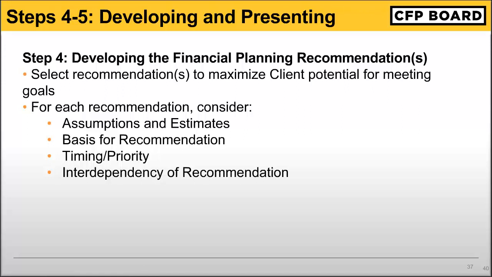There are a number of things the CFP professional has to consider: the assumptions and estimates, the basis for making the recommendation, including the factors that are set forth in the standard, which are listed in the standard. You need to look at the timing and priority of the recommendation. Is the recommendation independent? Must it be implemented with one or more other recommendations? These are all part of step 4.